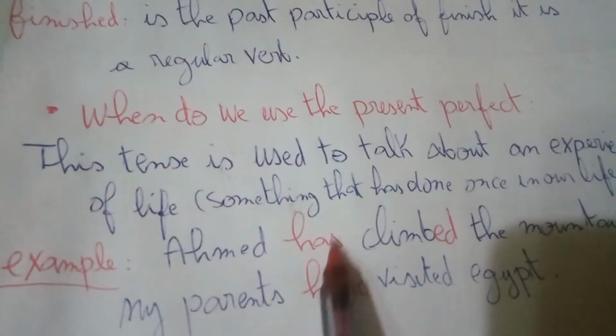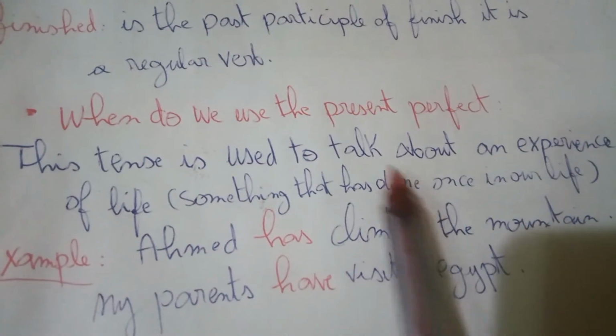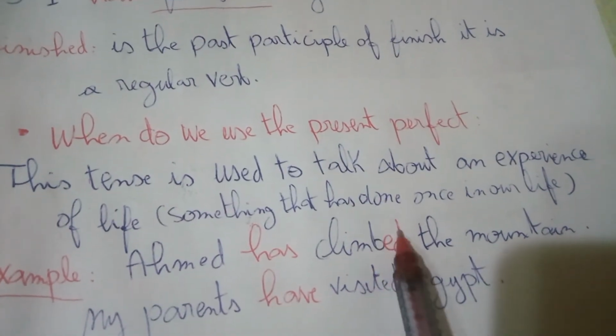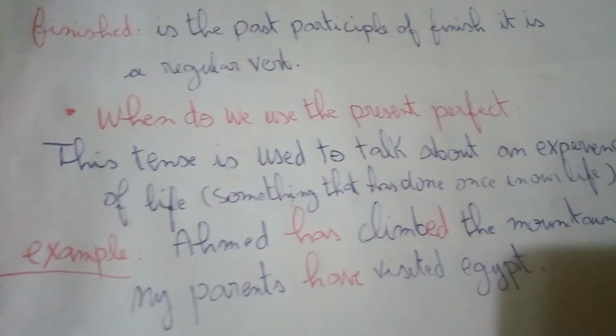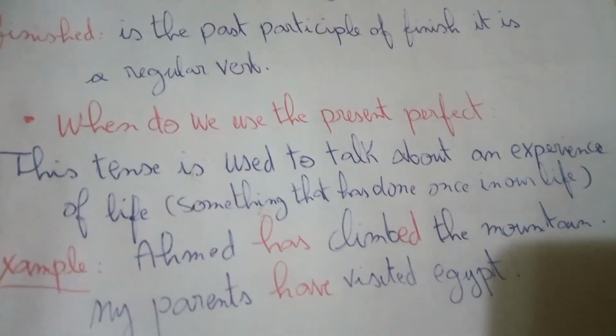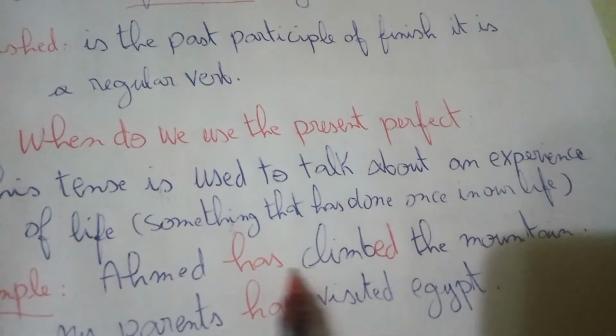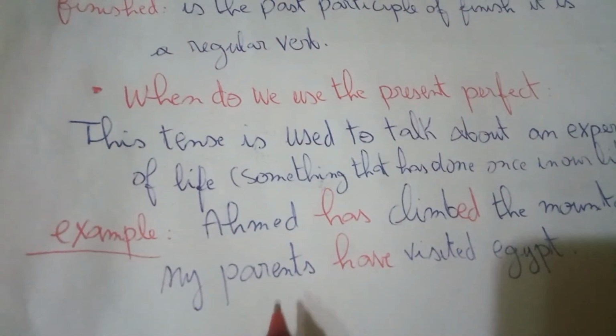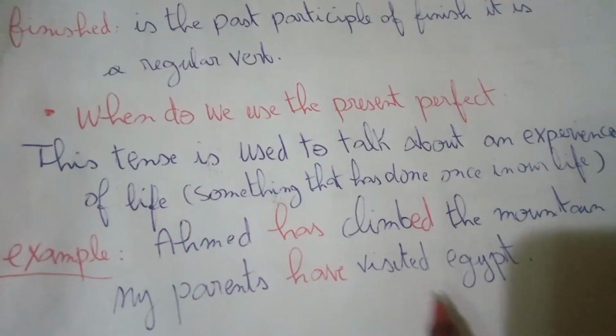Here we have the auxiliary has plus the verb climbed, and it is a regular verb. We add ed. My parents have visited Egypt. Here, with my parents, we add have, because when we replace my parents, we use the personal pronoun they. They have visited Egypt.